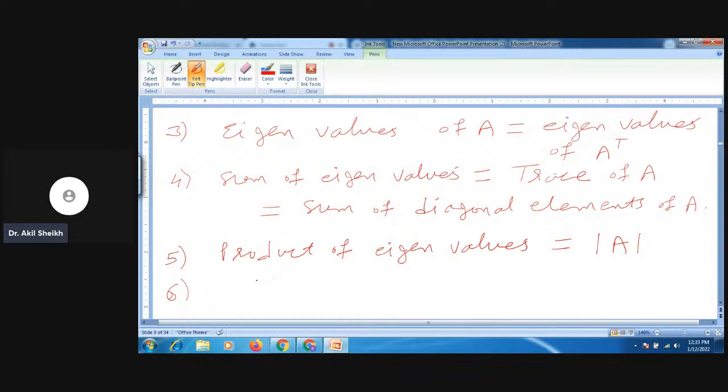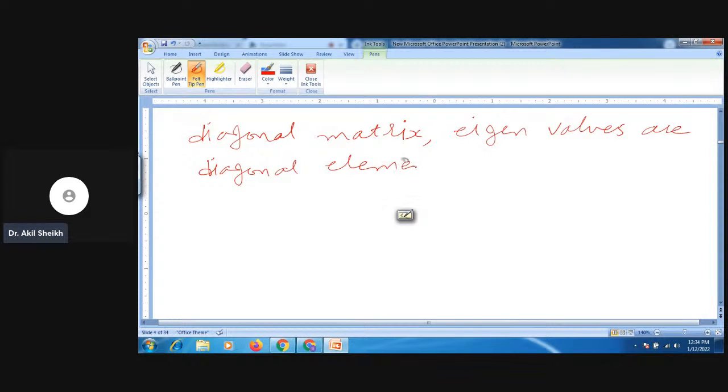Next note: in a triangular matrix, which may be an upper triangular matrix or a lower triangular matrix, and in a diagonal matrix, the eigenvalues are nothing but the diagonal elements themselves.